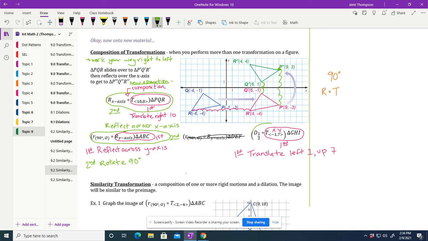And then I work my way out. D with a subscript of 1/2 means I'm going to dilate by 1/2. So I'll multiply all of the coordinates by 1/2.